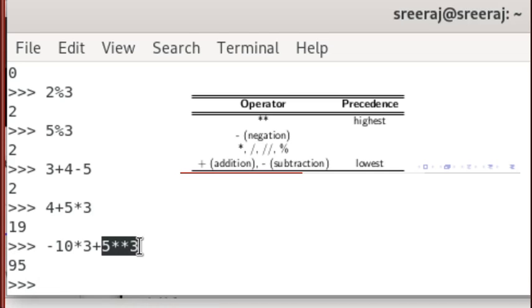The order of the operations applies as follows. First we take 5 to the power of 3, because exponentiation has the highest precedence, as we have already seen.